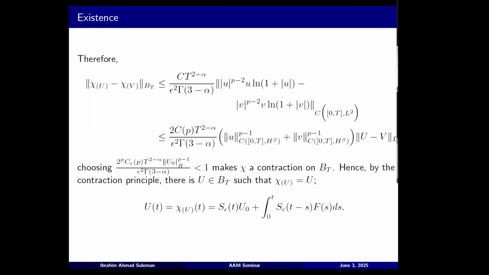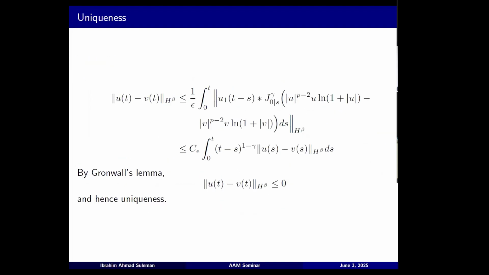This is the smallness of time, and we see that time depends on the initial data here. So that chi is a contraction. And so you have a fixed point by the contraction mapping principle. And by extension, you have a mild solution because it's defined in the integral form. It's differentiable since you use the vector form to handle everything at once.